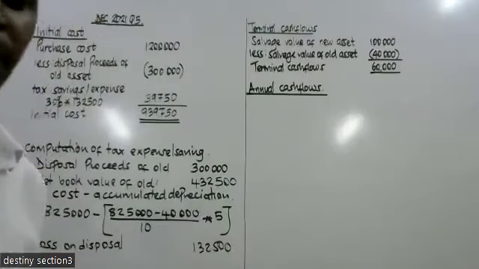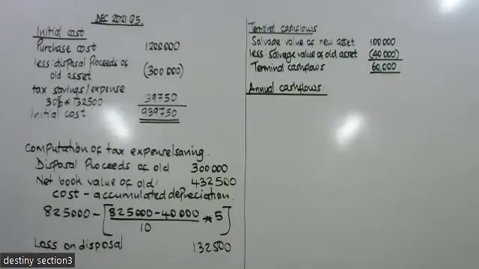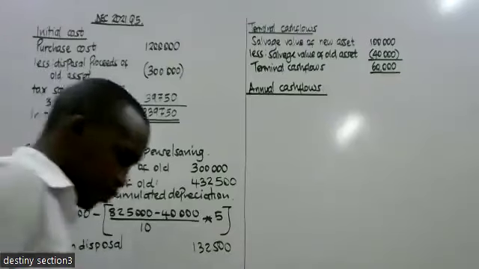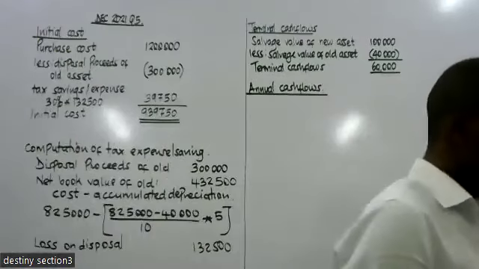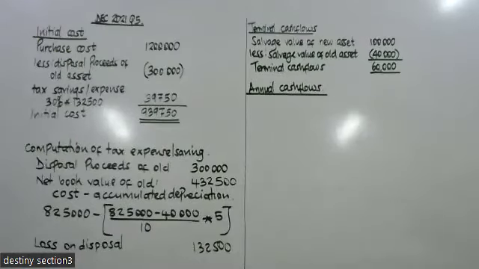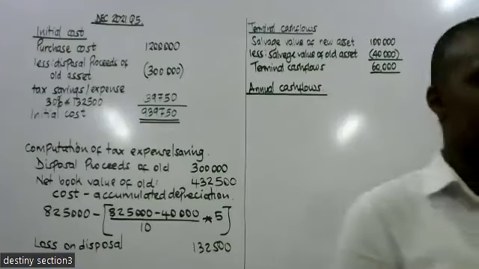Now we're going to analyze the new machine. In the second paragraph, a new machine will have an initial cost of 1.2 million and a useful life of 5 years.